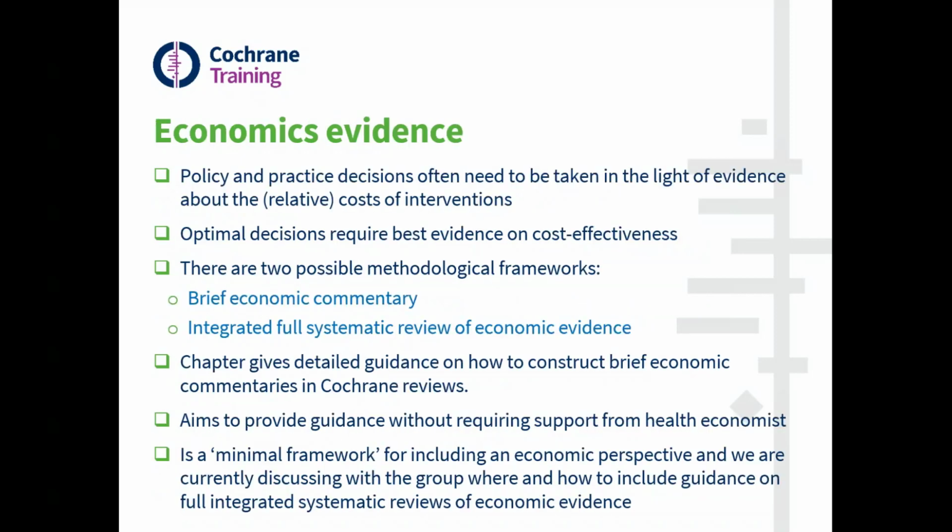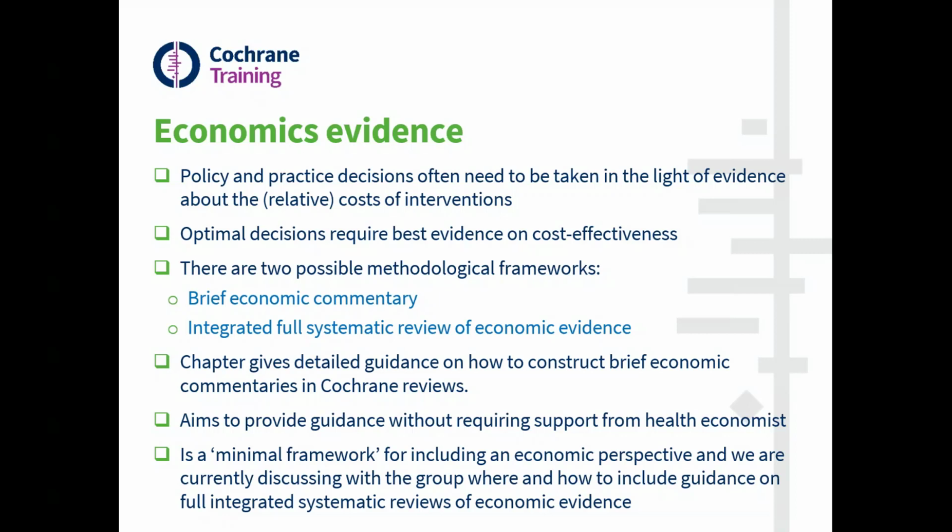Economic evidence, as I mentioned earlier, is another aspect which really helps decision makers. Often decisions need to be taken in the light of evidence about relative costs of interventions, and obviously if we're thinking about optimal decisions, we really do need to be able to lay our hands on cost effectiveness evidence. There are a couple of different methodological frameworks which the methodology group in this area has advanced, a brief economic commentary, and also an integrated full systematic review of economic evidence.